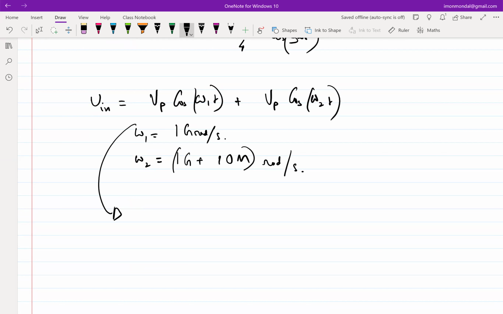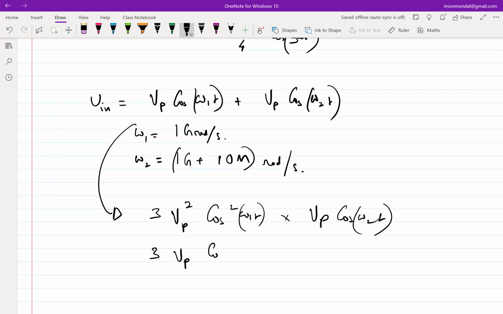They will be 3 Vp squared cosine squared omega 1t times Vp cosine omega 2t. And then I'll have the other one, that is Vp cosine omega 1t times Vp squared cosine squared omega 2t. These are the two terms.